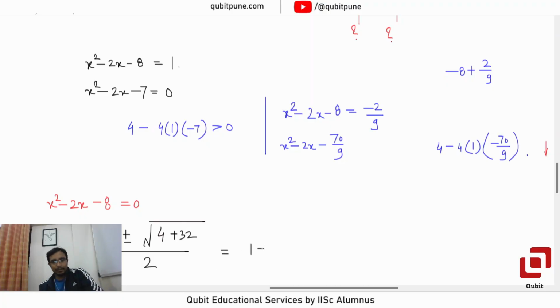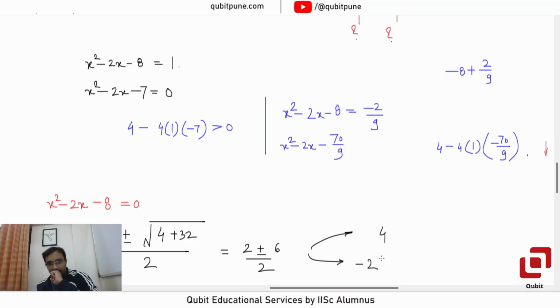So 1 plus or minus 6 by 2. So the roots are, oh sorry, they should be 4 or 2 minus 6, so that's negative 2.